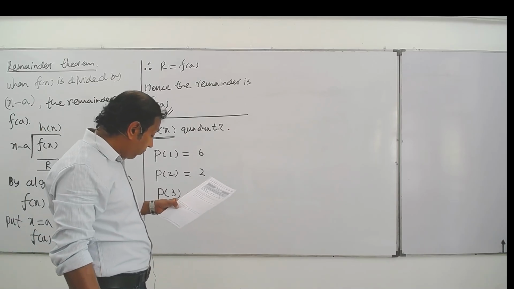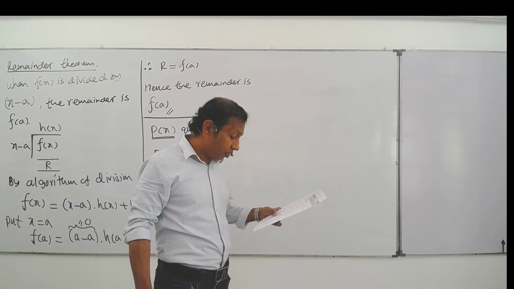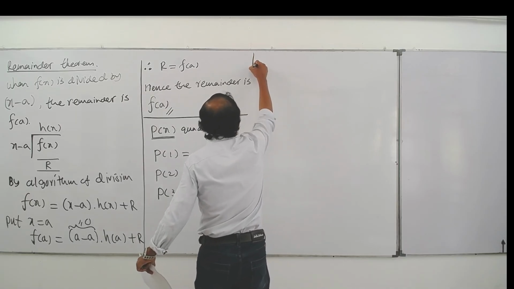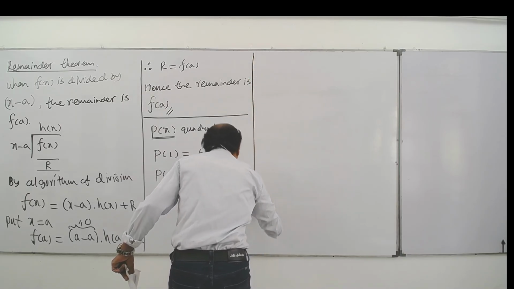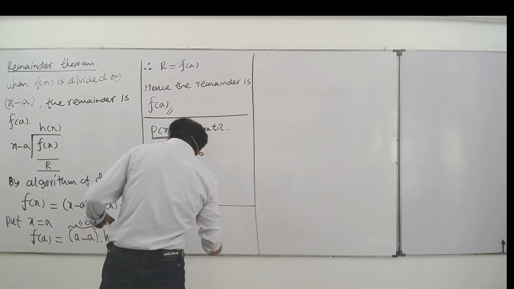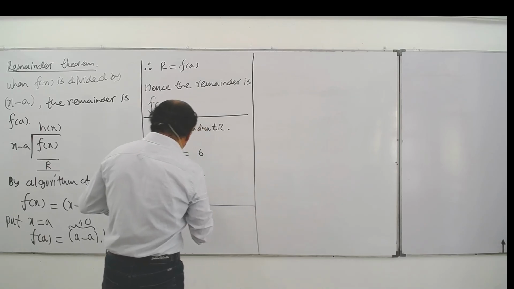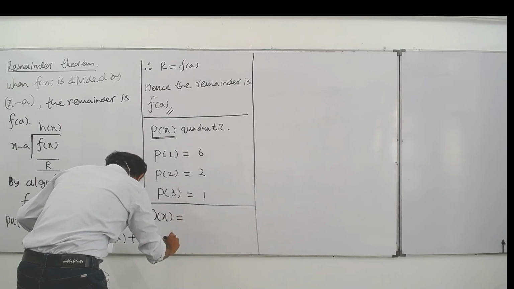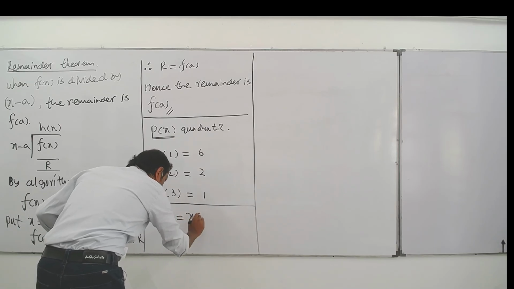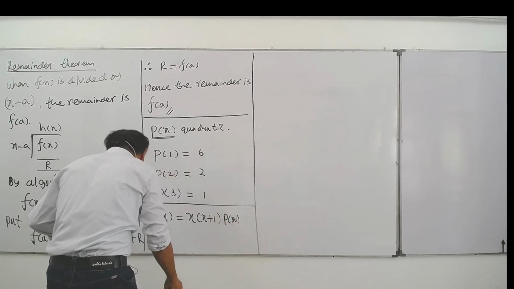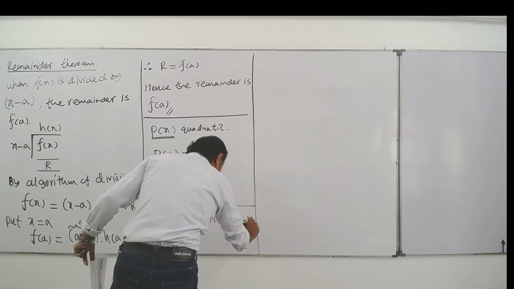Show that x minus 1, x minus 2, x minus 3 are factors of the polynomial q(x). The q(x) function is defined to be x into (x plus 1) p(x) minus 12.